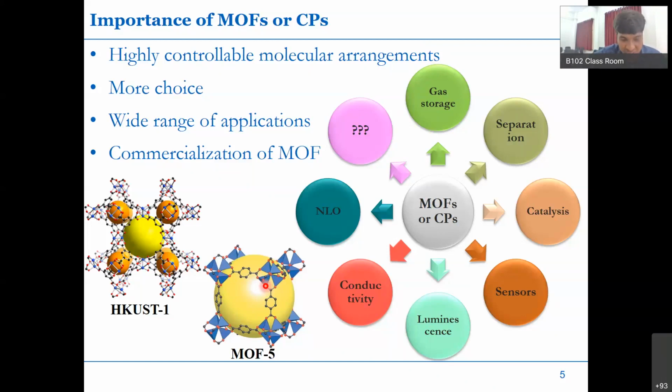But in the case of our frameworks, since these organic linkers or dye molecules are bonded by the metals, they are very rigidified, so non-radiative activities are reduced. So the optical activity is significantly enhanced.